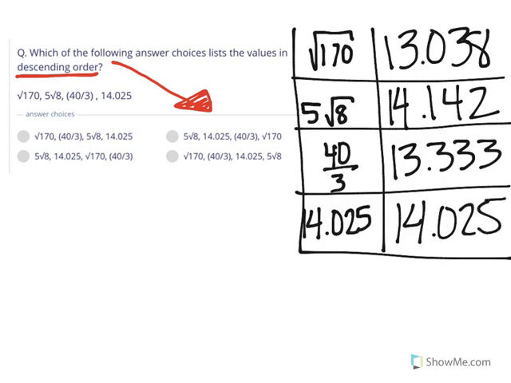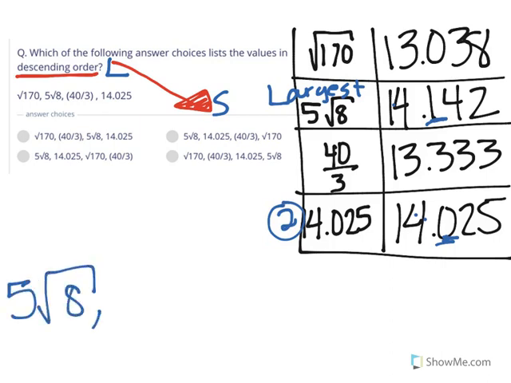Now remember, I want to go from the largest to the smallest. So my largest is 14. And then I look and I see a 1 and a 0. 1 is larger. So this is the largest. And that means this one is number 2. So right now we have 5 square root 8.